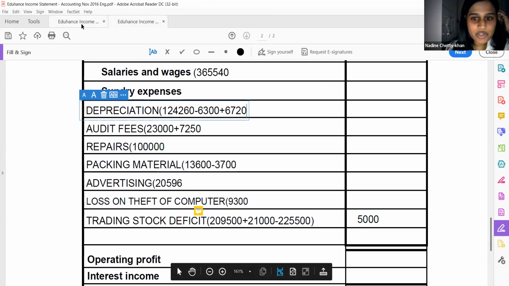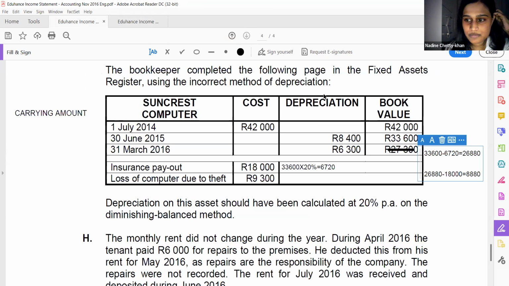So let's just have a look there again. We have a depreciation amount. Whoa. Let's step back a bit. There's something going on. Okay. What did I forget?